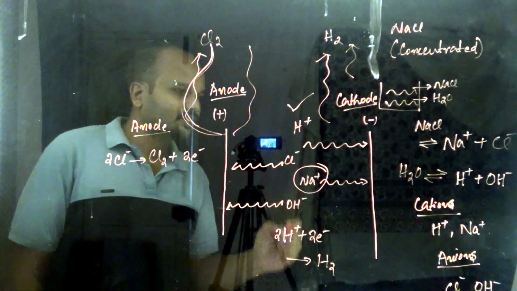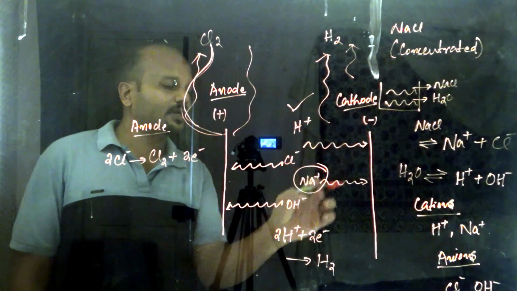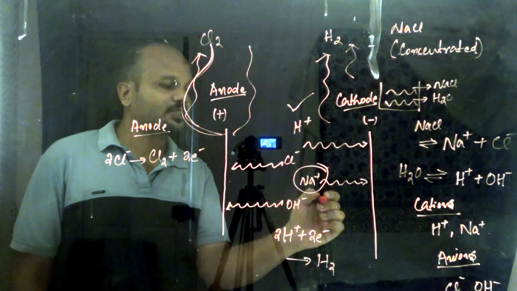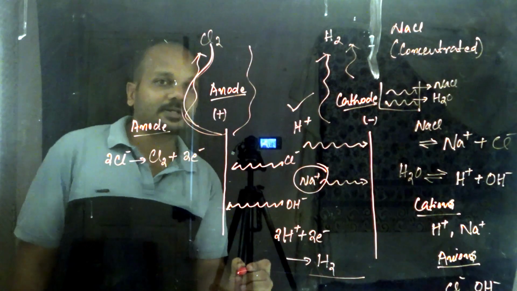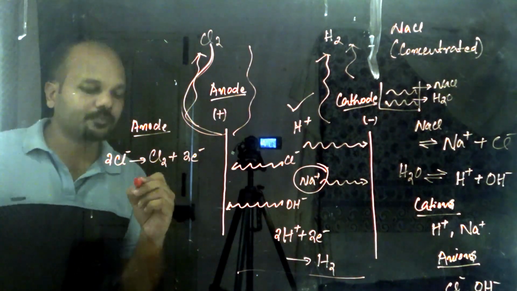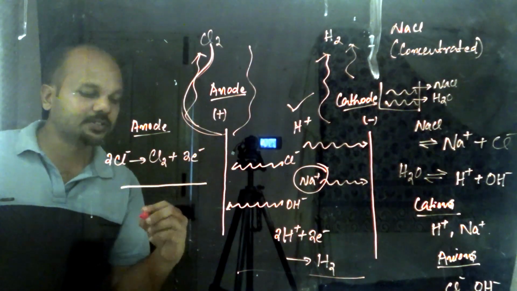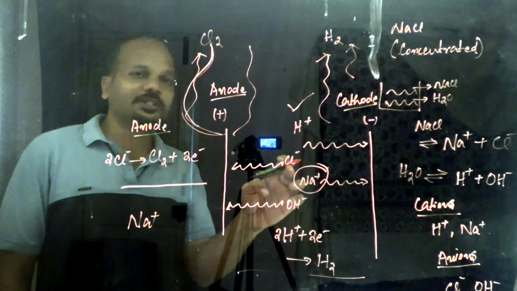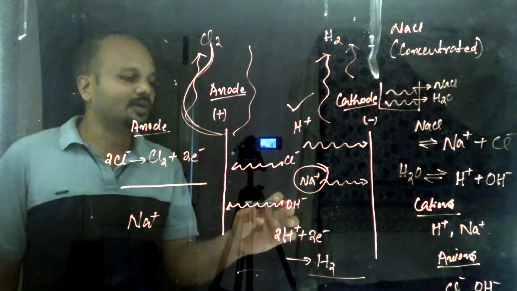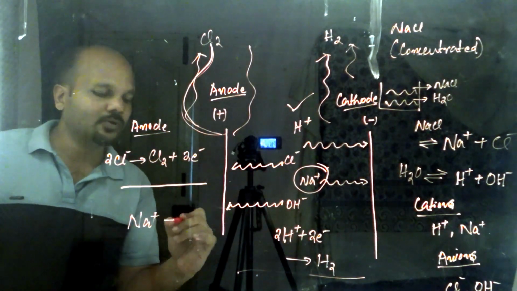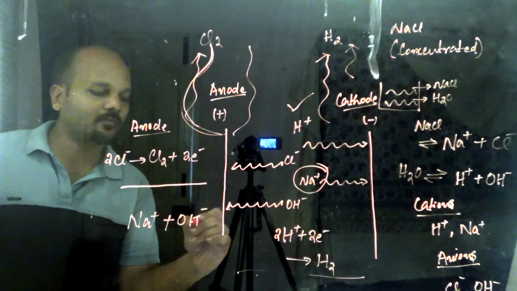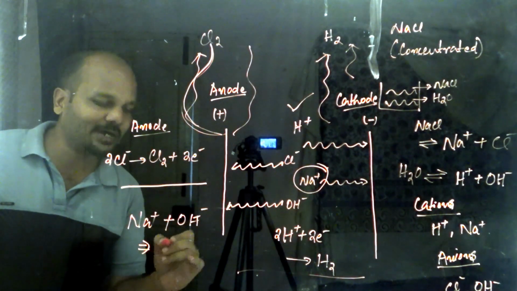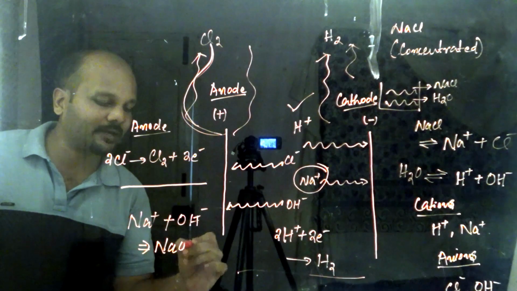Na plus is remaining, and at the anode, chlorine gas has gone, so OH minus is remaining. Positive and negative charges can easily bind, so OH minus and Na plus bind into sodium hydroxide.